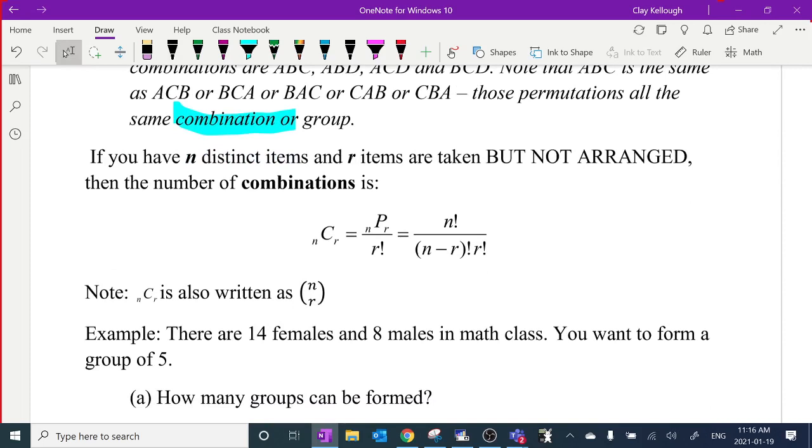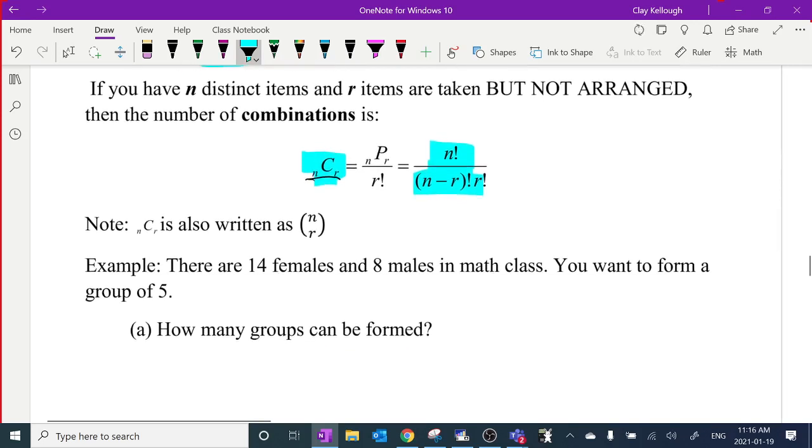Well, the combination formula is the permutation formula divided by how many items you've taken, factorial. So here's the way the formula actually works. And yes, this formula is on your formula sheet. You don't have to memorize it. That's the combination formula. And this one has a shortcut.